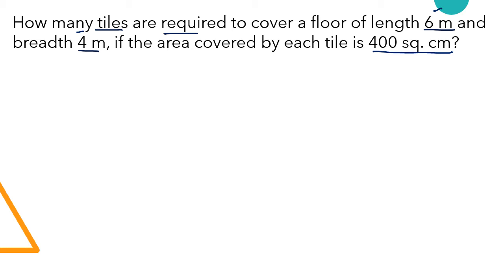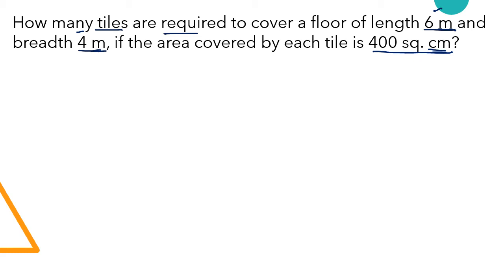Now you can see that the area of the tile is in centimeter, and the length and breadth of the floor are in meter. So the first thing we have to do is convert the length and breadth of the floor into centimeter, so as to make all the units the same.